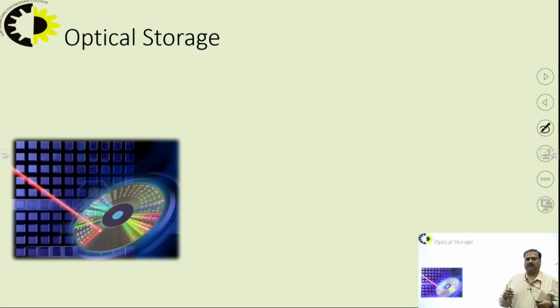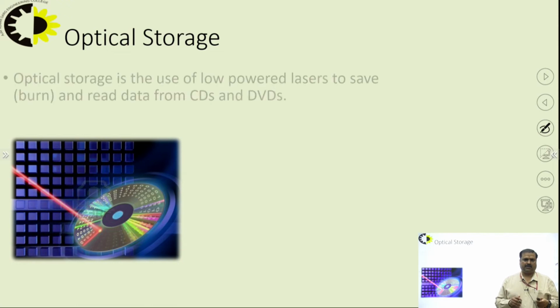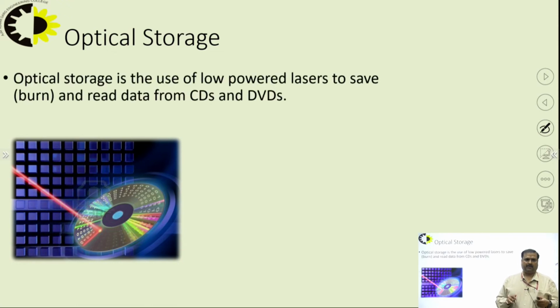Another type of storage is optical storage. So optical storage is different from magnetic. Magnetic storage had some electromechanical concept and organization, whereas in case of optical storage, we have low powered lasers to save the data onto the compact disk.